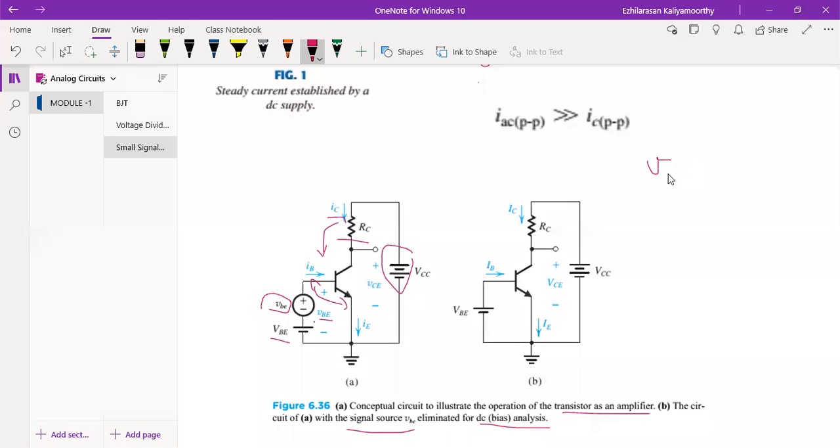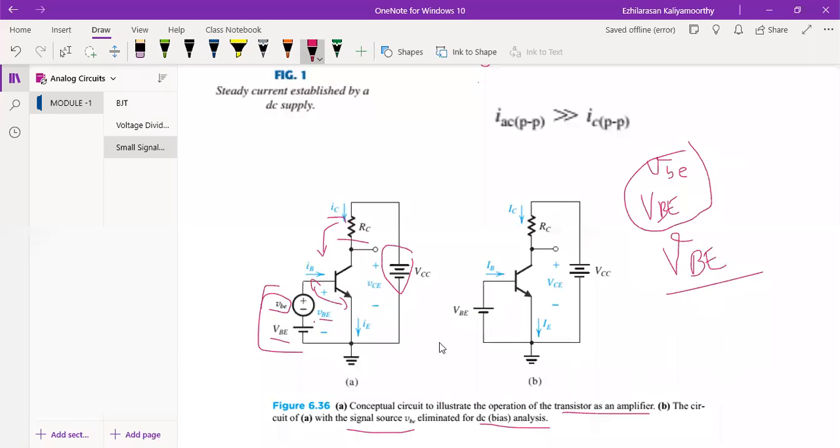One is vbe, your input signal. Then VBE is nothing but a battery. And the total signal, which we will consider as vBE, is nothing but the total voltage applied. So totally three different identities we are going to use throughout the expressions, so you should not get confused over there. That is clearly mentioned here.